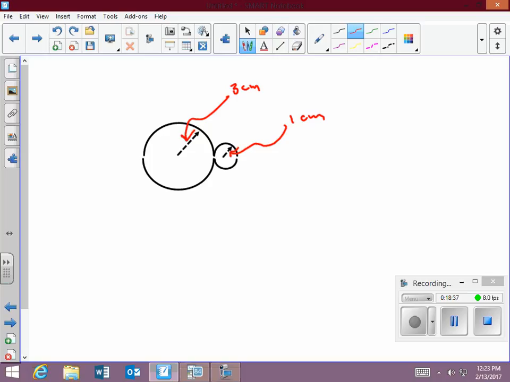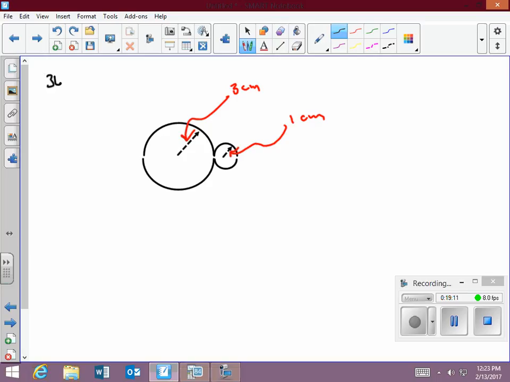Small coin rolls around the circumference of the fixed larger coin until the smaller coin returns to its original position. How many revolutions has the small coin made? So how are you going to figure that? 36.